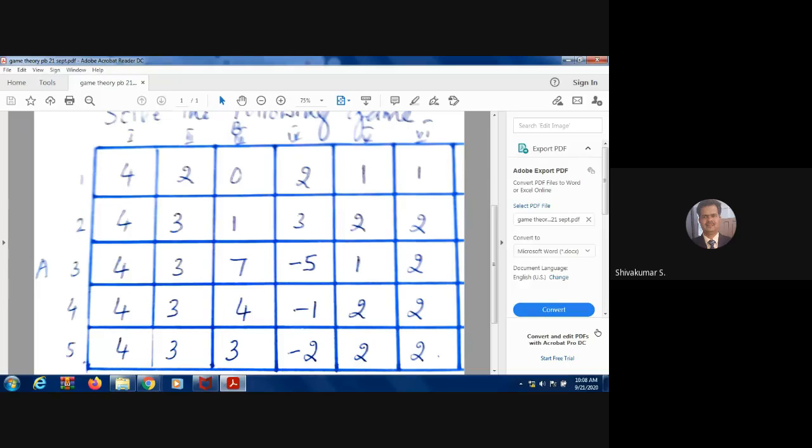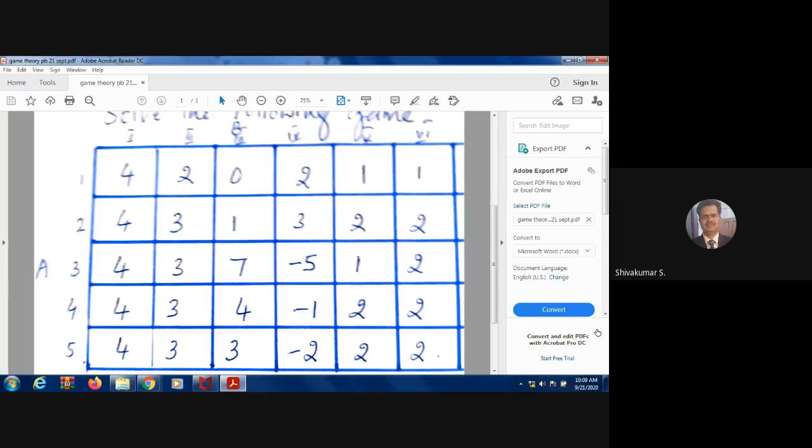He wants to maximize the minimum gain. That's why we say that maximin is the strategy of player A. There is a minimum gain already assured for player A, but he tries to maximize the gain. That's why it's called the maximin principle for player A.